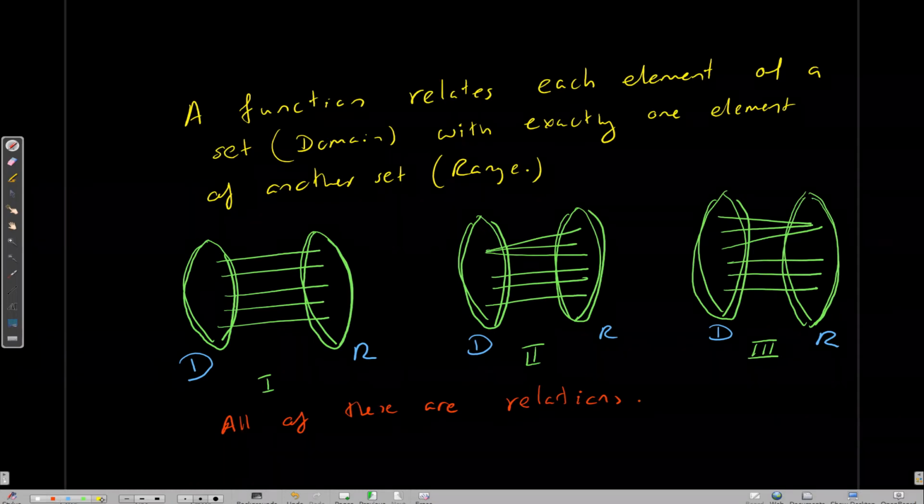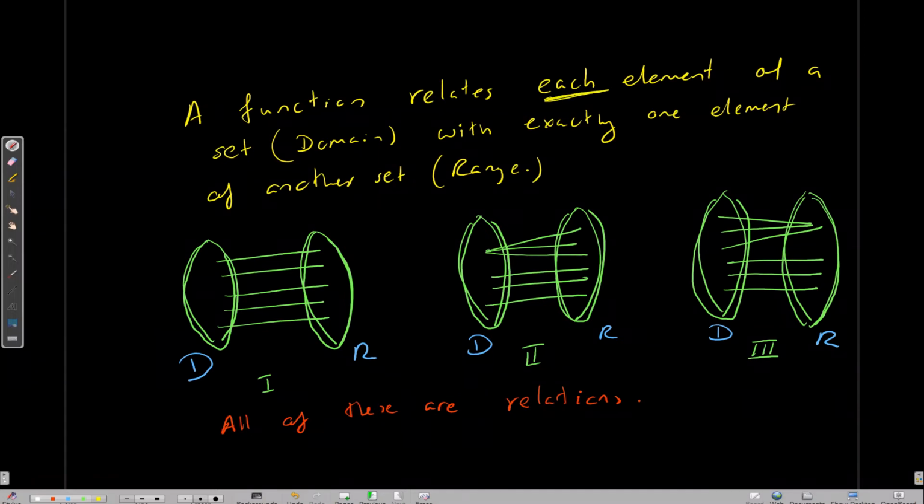Now, each element of a set with exactly one element. Now we have to be careful. Now let's take the first one. Let me draw whatever those things are. They can be numbers, letters. It doesn't matter.